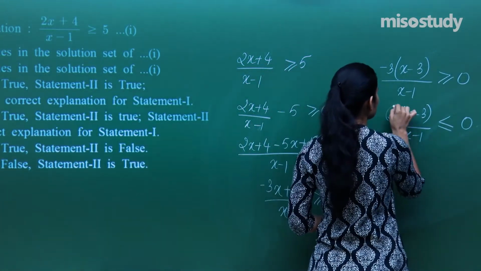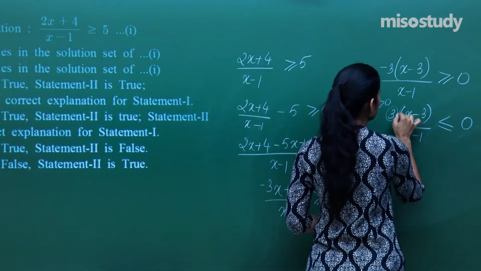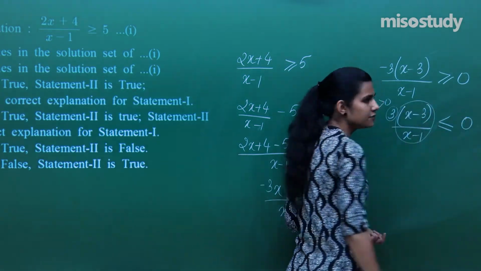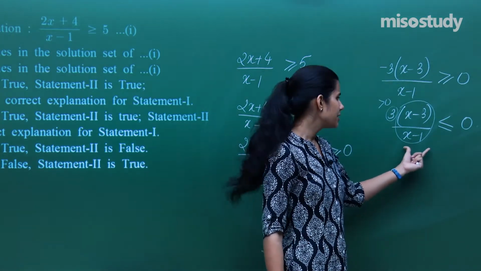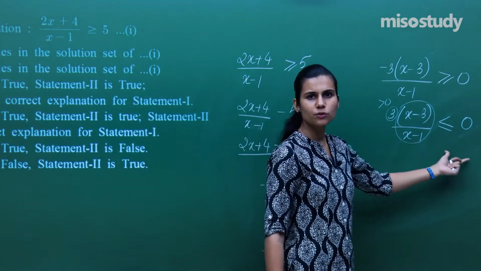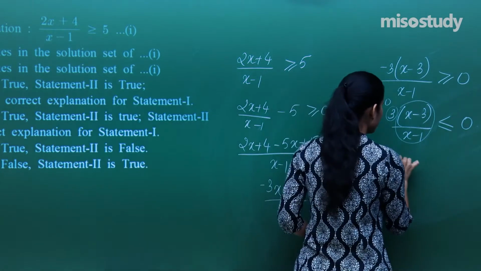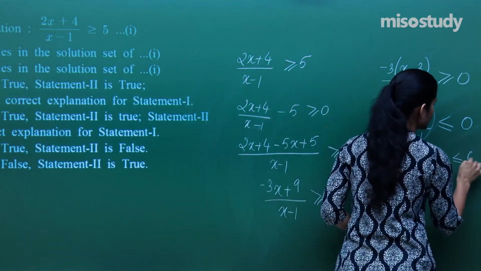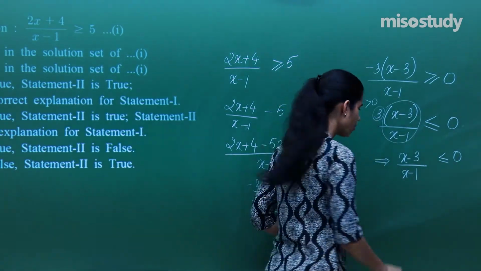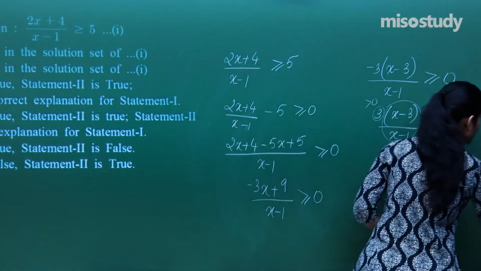Now 3 is positive. Positive into something is negative. That is only possible when that something is negative. If this thing also was positive, positive into positive would have been positive. So this implies (x minus 3)/(x minus 1) is negative. Now what are the x's for which this holds?